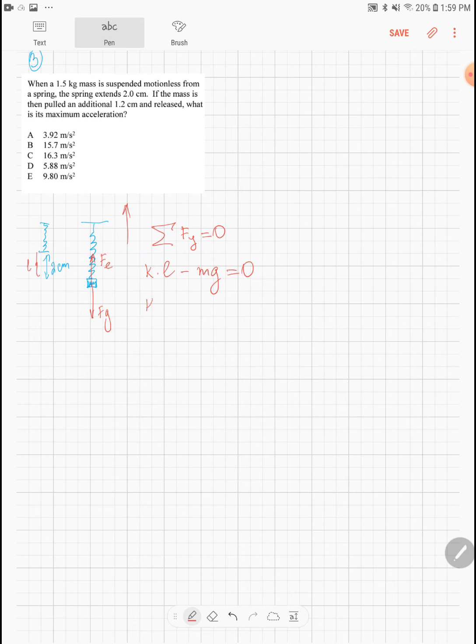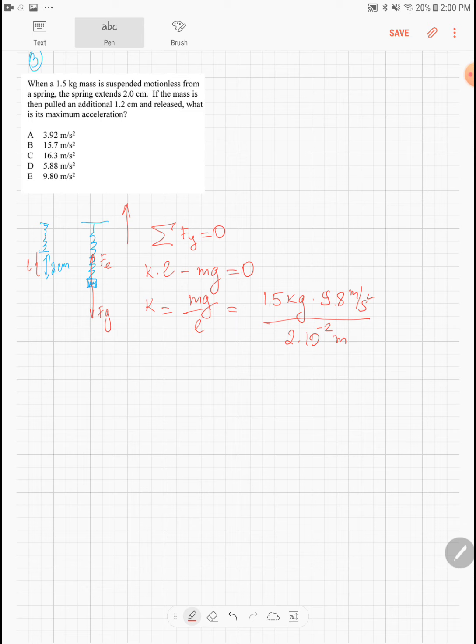And this I can solve for k. It will be mg divided by L. I can substitute the numbers. All of them I know. It is 1.5 kilograms times 9.8 meters per second squared divided by L, which is 2 times 10 to the negative 2 meters.